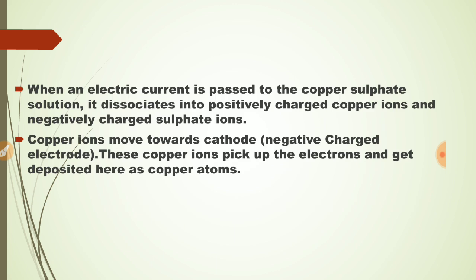How is it possible? When an electric current is passed through the copper sulfate solution, it dissociates into positively charged copper ions and negatively charged sulfate ions.